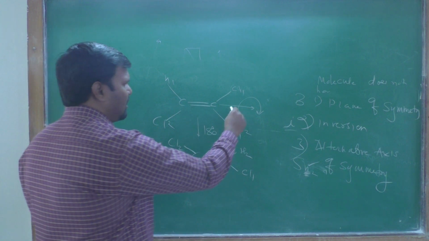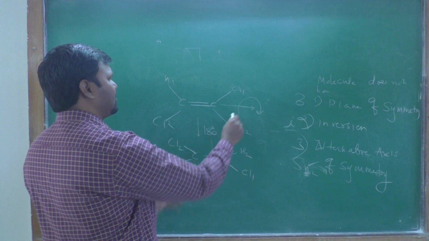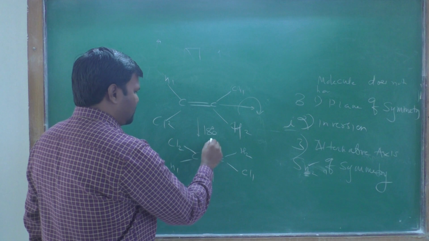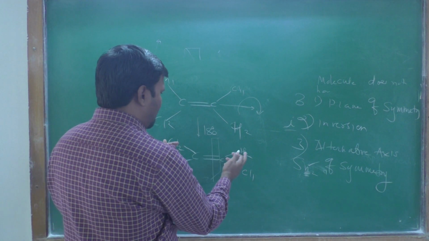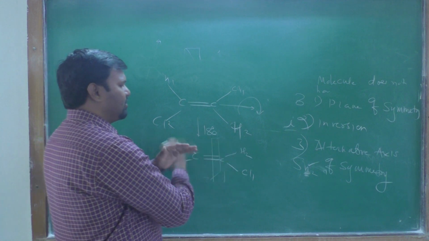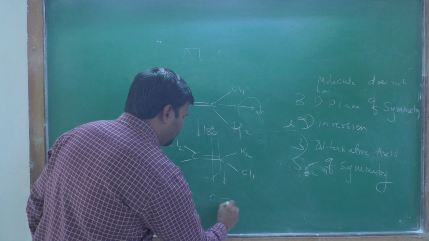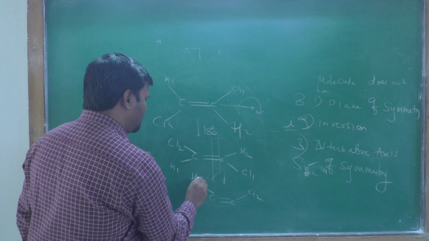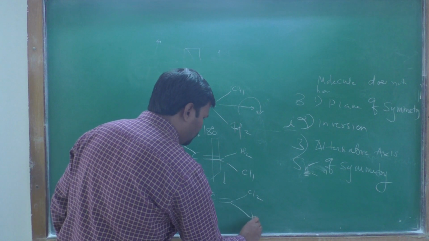Then you pass the plane perpendicular to this axis. After passing the plane, the hydrogens interchange through this plane, and you obtain Cl2, H2, then Cl1 and H1 move to their new positions.